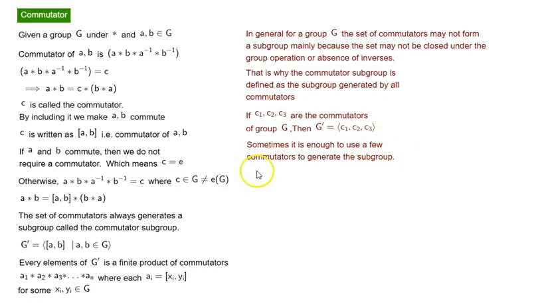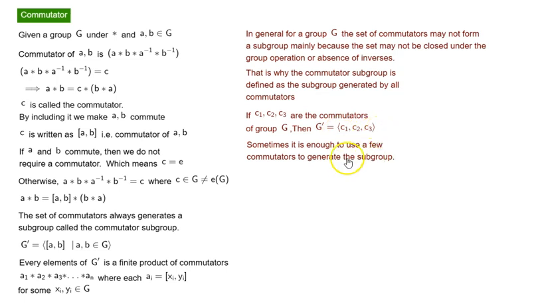Sometimes it is enough to use a few commutators to generate the subgroup. In case of S3, we saw we can use either permutation 1, 2, 3 or 1, 3, 2 to generate the subgroup. But since we are talking in general, that may not be the case.